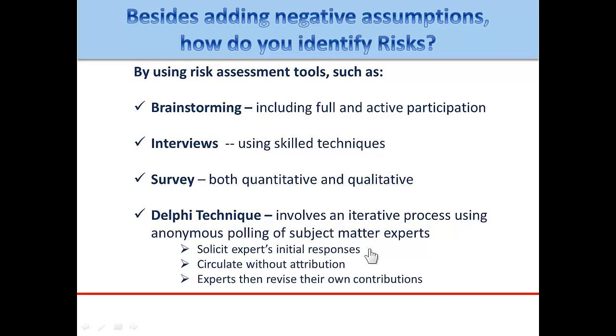First, the facilitator of the Delphi process solicits or asks for initial responses from the experts, the written responses. Then after collecting them, these responses are circulated anonymously, without any names or identification, to the whole group of experts.